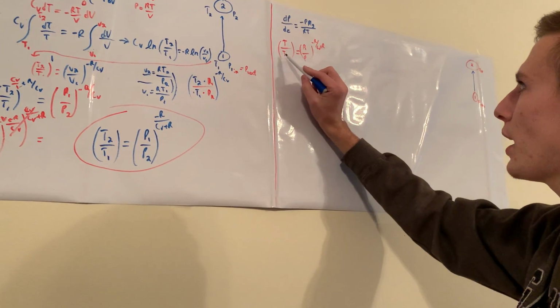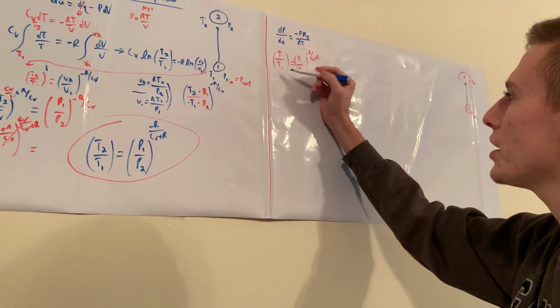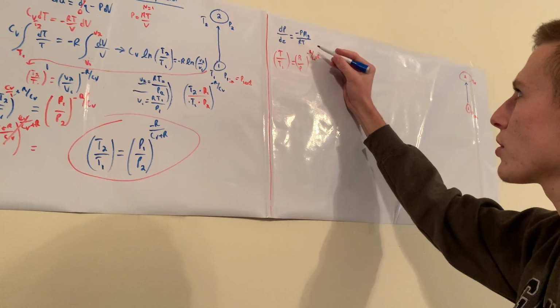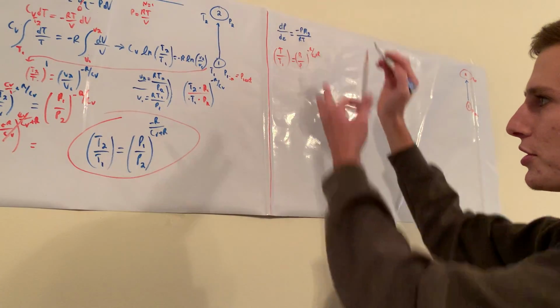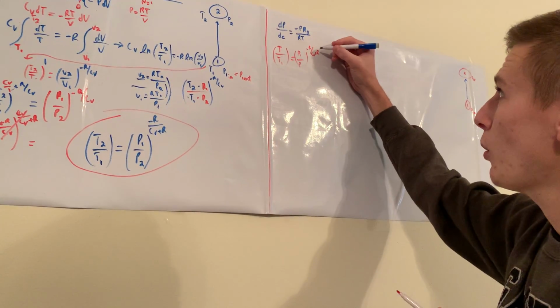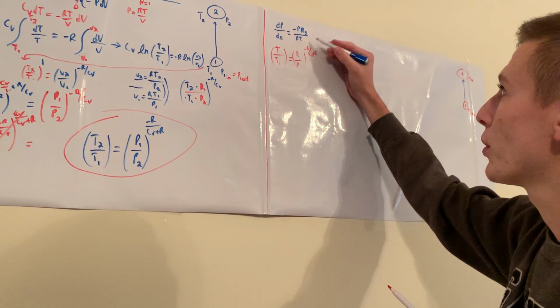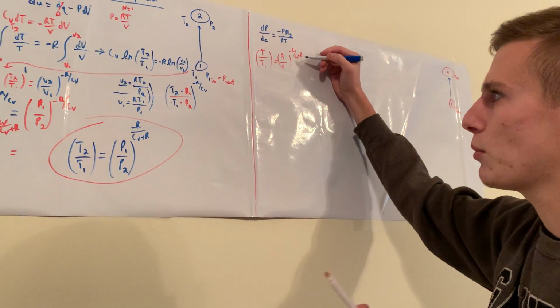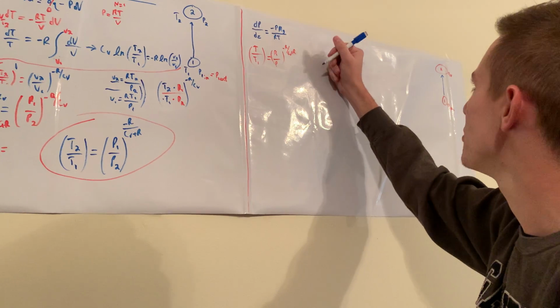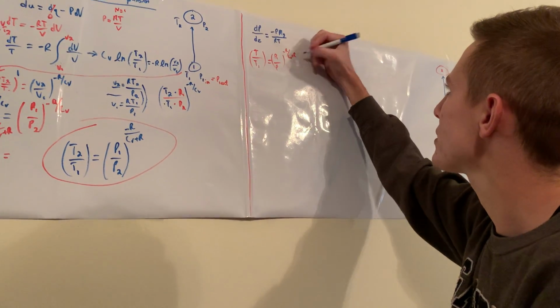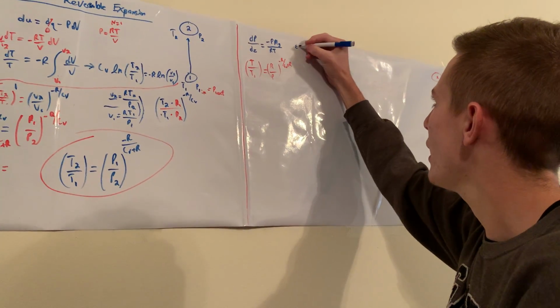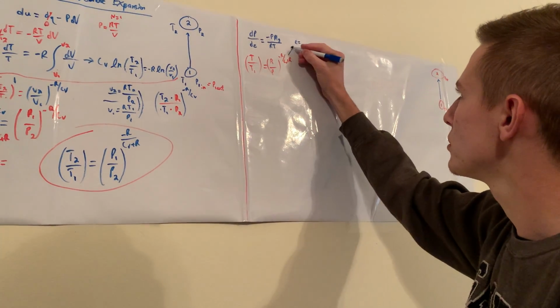We'll do that by multiplying T initial to the other side, and we're going to make it easier on ourselves. When we're going through this derivation, we're going to substitute out our exponent and give it another name. We'll just call it epsilon. So let's say that epsilon is equal to this.